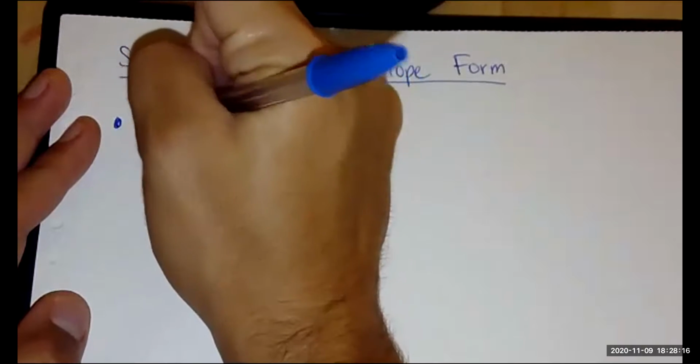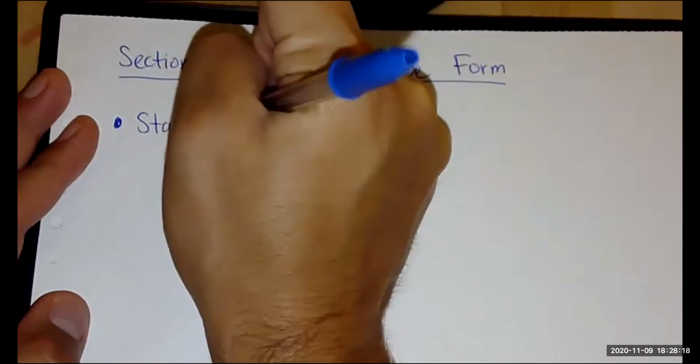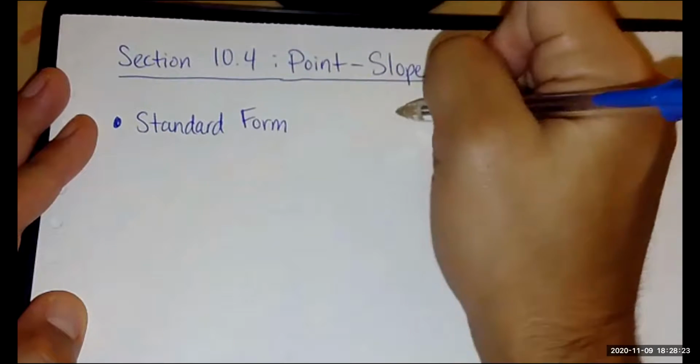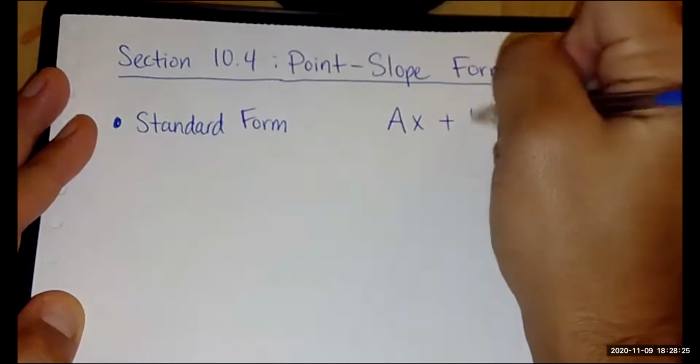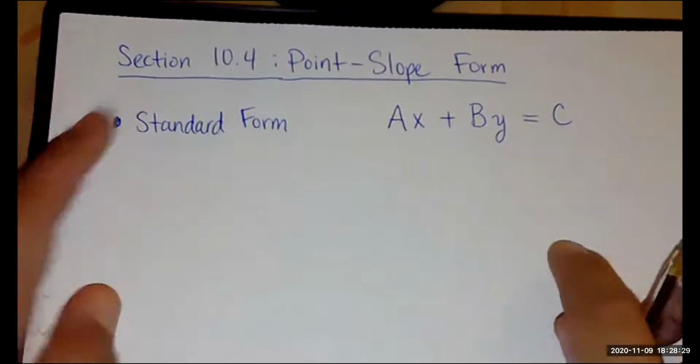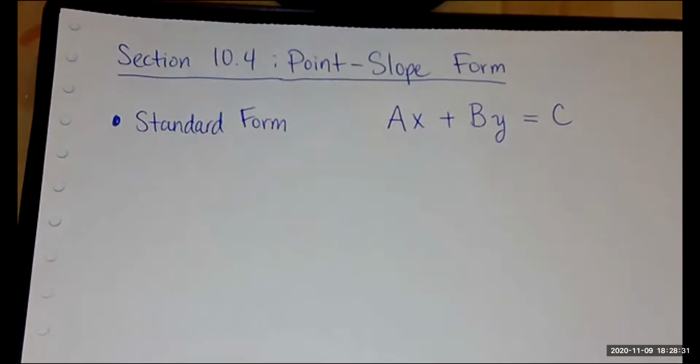So the first one we learned was standard form. And that one was of the form ax plus by is equal to c, where a, b, and c were all just numbers. They're just constants, okay?